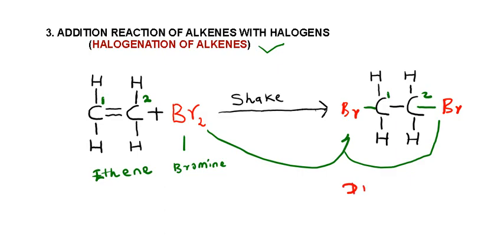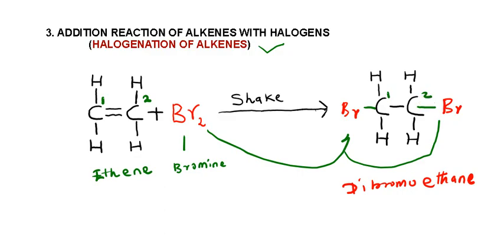dibromoethane. Dibromoethane is the name of this saturated compound. It is called di because we have two bromine atoms. One bromine is attached to carbon number 1, and another bromine is attached to carbon number 2. So we call it di because of the two bromines.